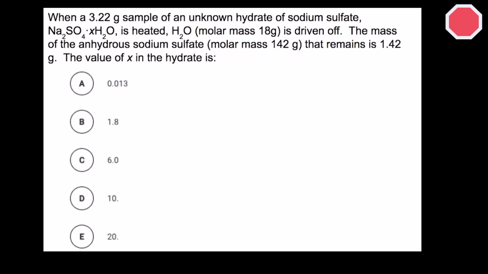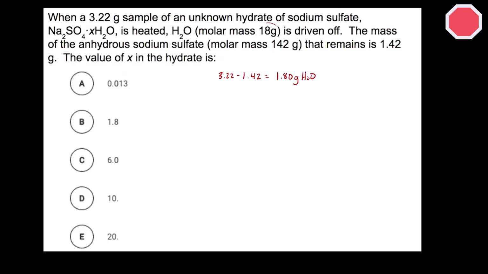So when we do that, we take 3.22 minus 1.42, and we're left with 1.80 grams of H2O.